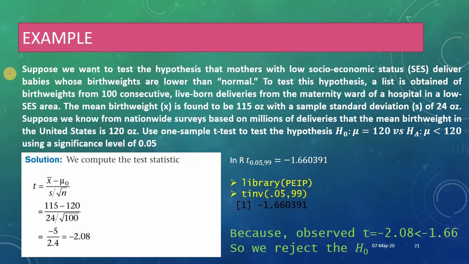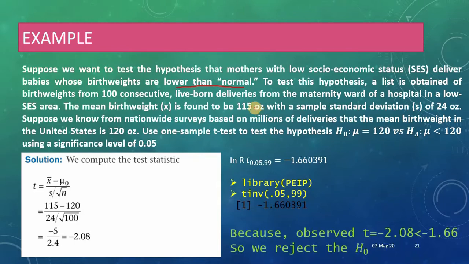We will take an example of t-test and see how it works. In this example, we want to test the hypothesis that mothers with low socioeconomic status deliver babies whose birth weights are lower than normal. So that is the hypothesis that we want to test or establish. To test this hypothesis, a list is obtained of the birth weights from 100 consecutive live-born babies from the maternity ward of the hospital.